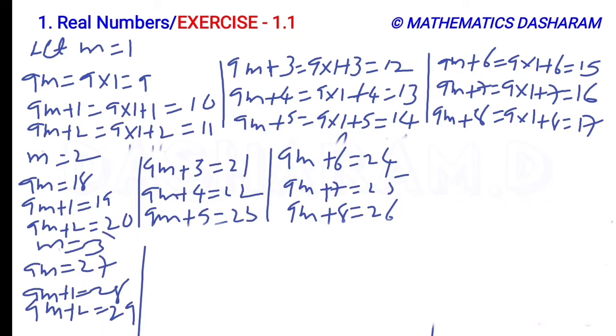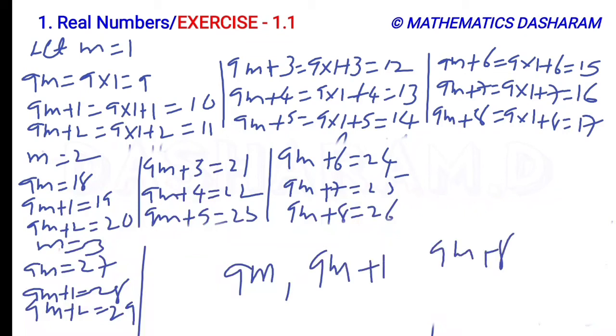When m equals 3, I got 27. So 27 is a perfect cube, 3 into 3 into 3. Similarly, if you continue the process, definitely 9m, 9m plus 1, 9m plus 8 will be perfect cube numbers.